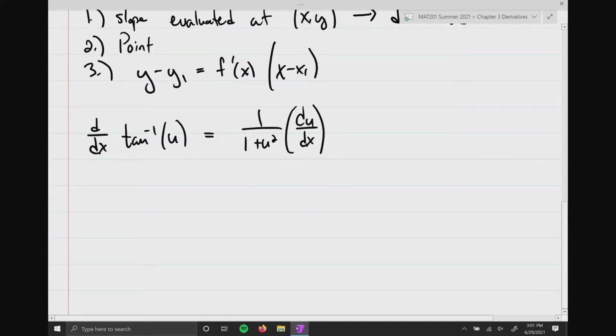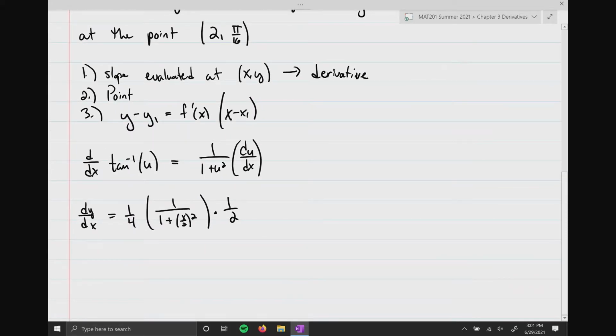So for us, dy dx is going to equal 1/4 times 1 over 1 plus x over 2 squared times 1/2. Now, if you're wondering where all this came from, let me zoom out here a little bit and let me show you.